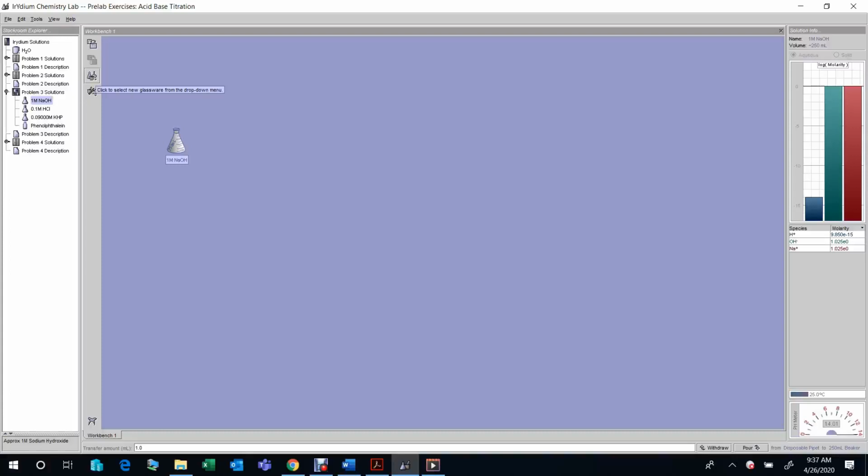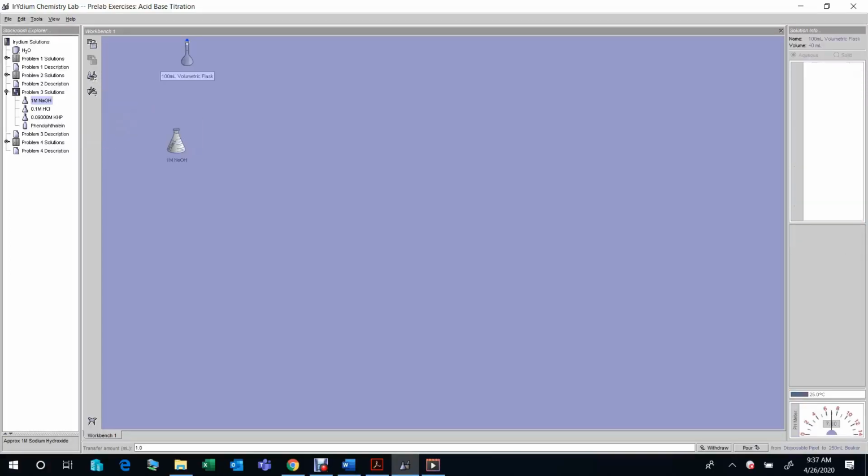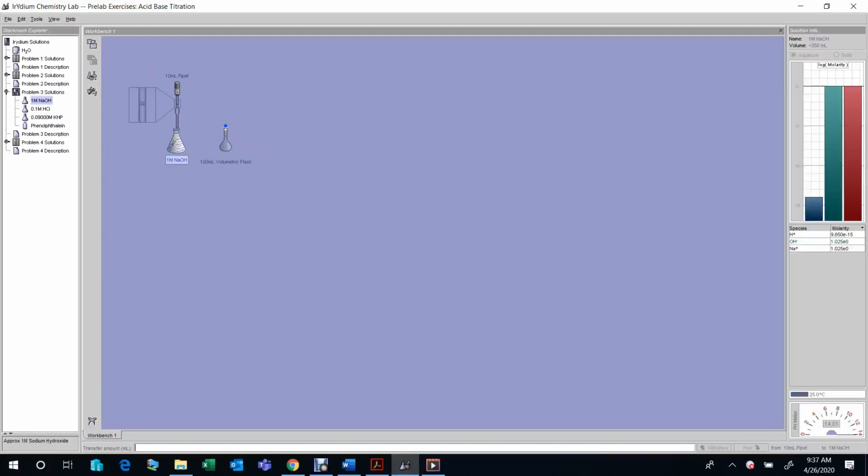To do that, we need to get a volumetric flask that we usually use for dilution. Then we can use the 10 milliliter pipette. We can pipette 10.00 milliliters, because a pipette is a very accurate instrument.